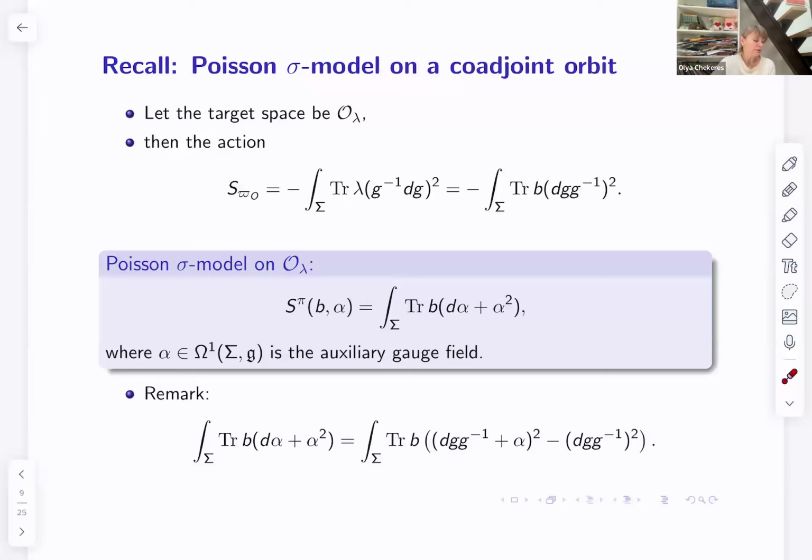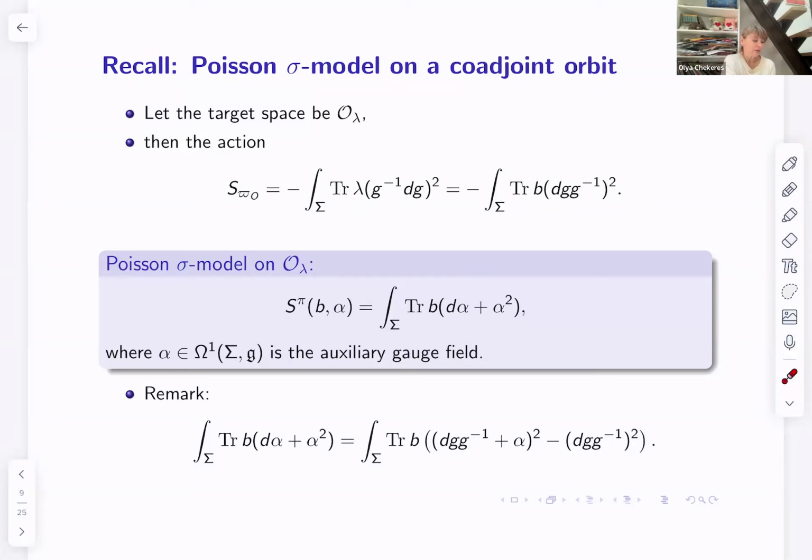And actually the symplectic form here, the Kirillov-Kostant-Souriau form, is given like this, which can be defined through lambda, through the orbit representative, or it can be defined through the field B, which is the conjugation by group elements of this element lambda. Then an auxiliary field can be introduced, a one form on sigma, on the two-dimensional manifold, taking values in the Lie algebra.